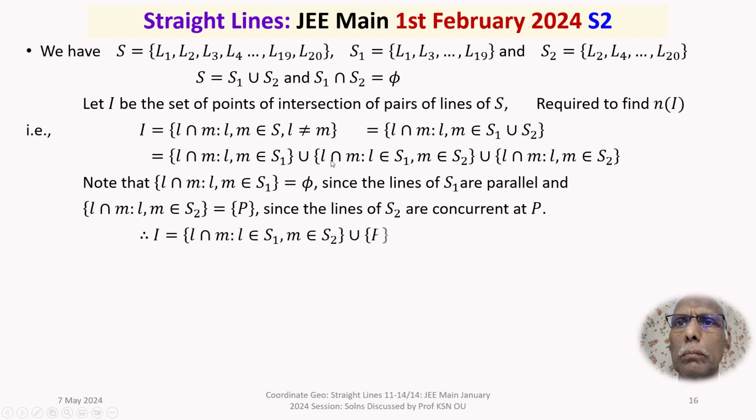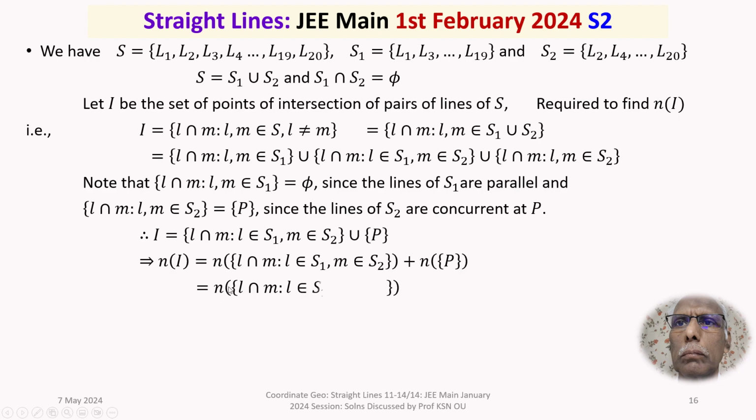Therefore, I will be equal to the first one, which is empty, union the second one written here, union the third one, the singleton set P. So n(I) is equal to n of the second set plus n of P. n of the singleton P is 1.